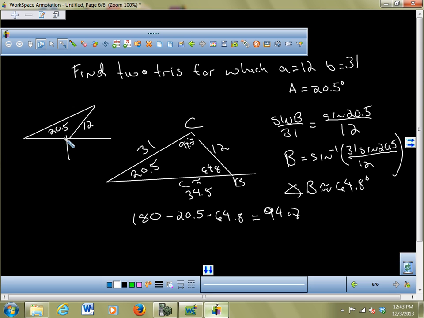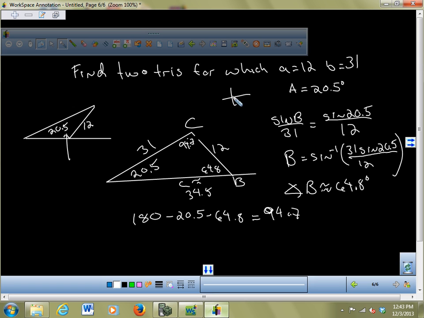And this angle right here, since the sine of the supplement of 64.8 is the same as the sine of 64.8, right? Because sine is positive here and here. So the sine of this angle here is the same as the sine of this angle. So there's my other possibility.